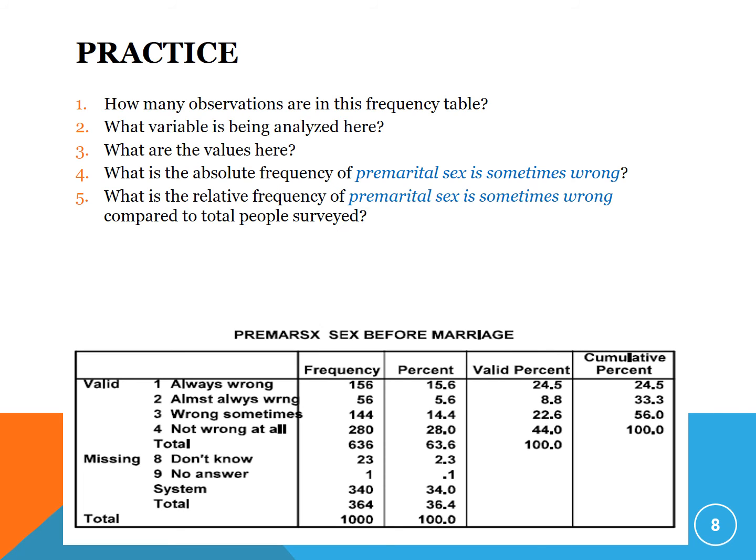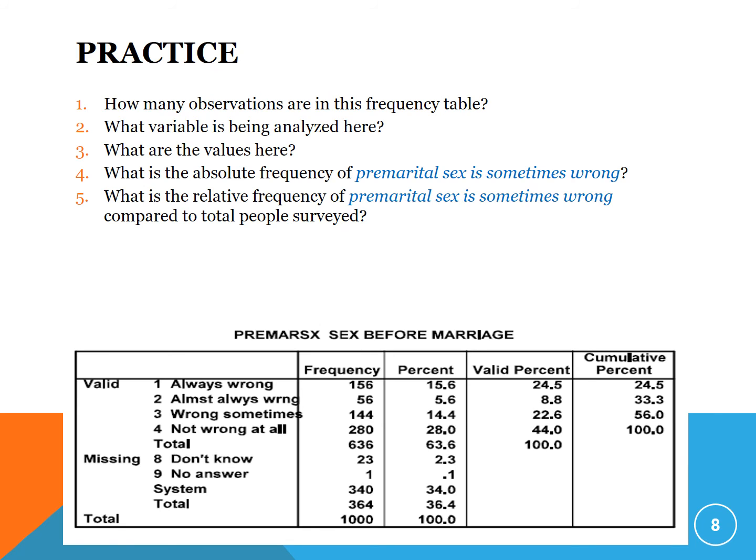Relative frequency. Now we can start looking at percentages. Specifically, it's asking for the percentage of premarital sex is sometimes wrong compared to, and that's important, compared to the total people surveyed. What was the number of people surveyed? You should be saying 1,000, because 1,000 people were surveyed, not how many people had actual valid responses.